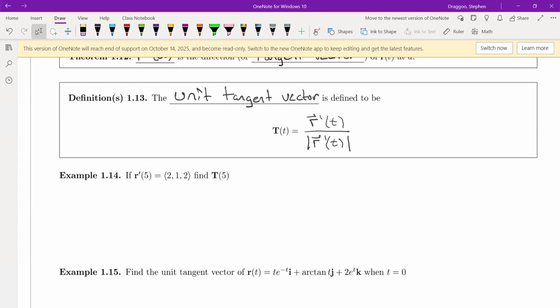So if I've got a tangent vector already, r prime of 5, and I want the unit tangent vector, I should just find its magnitude, which looks to me like it's going to be the square root of 4 plus 1 plus 4, unless I'm terribly mistaken. That sums to 9, the square root of which is 3.